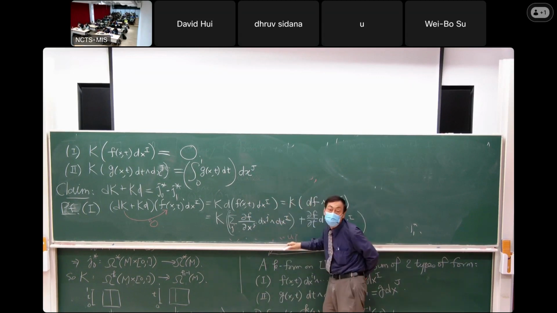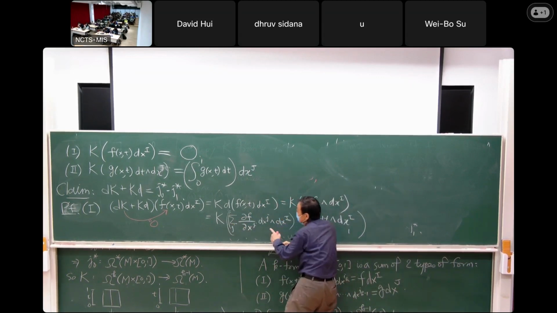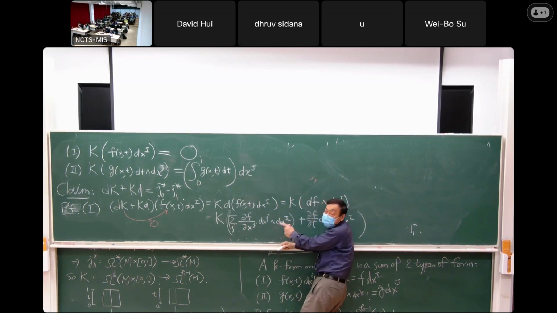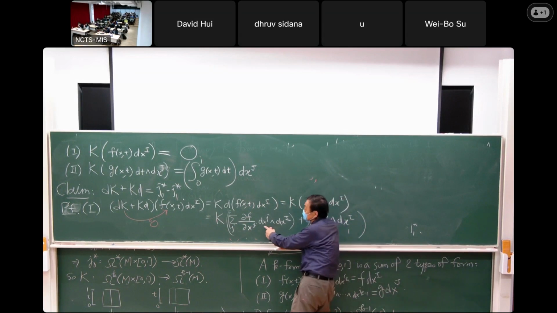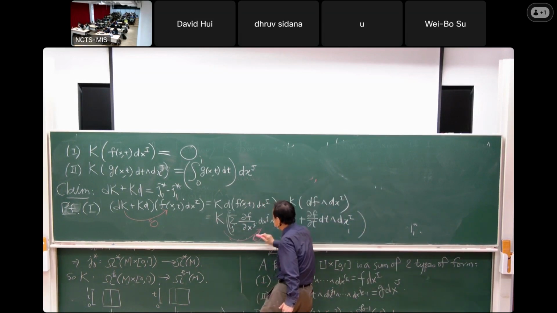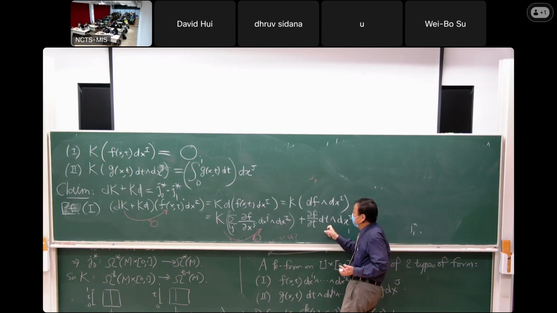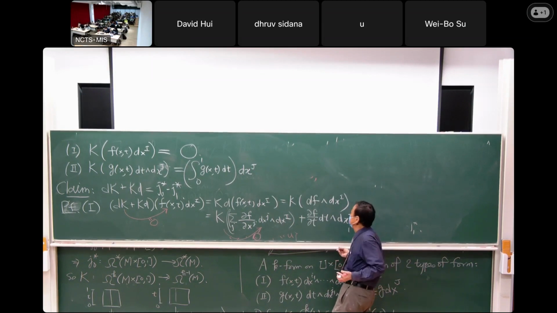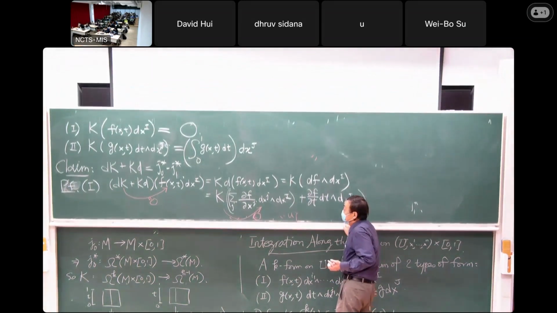Okay. Now, what is k applied to this sum? It's 0, right? Because this is type 1. So k applied to this sum is 0 because it's type 1. K applied to this is the integral with respect to t, wedge with dxi.